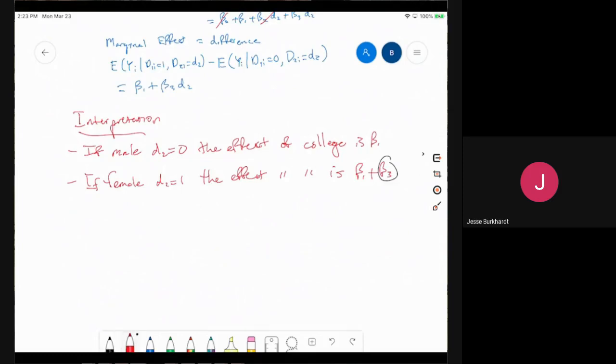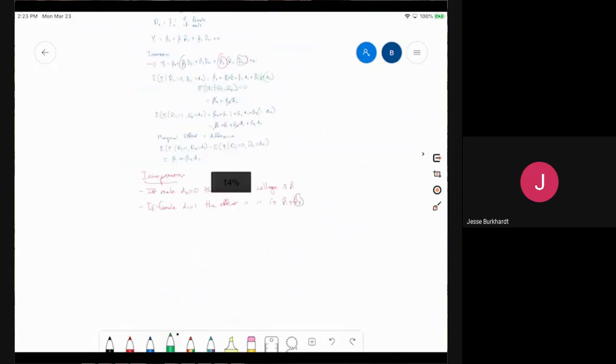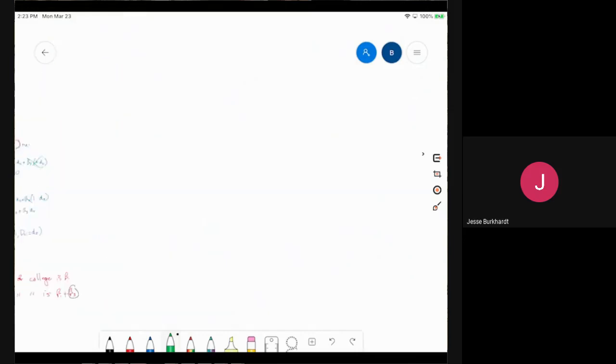Okay, what if we have a continuous variable and a dummy variable?